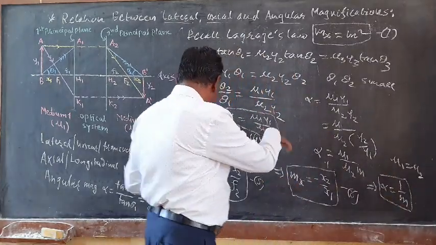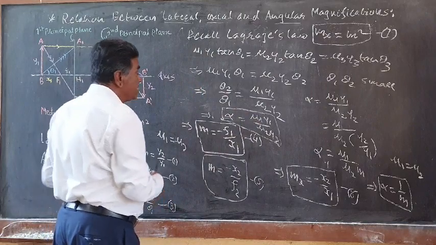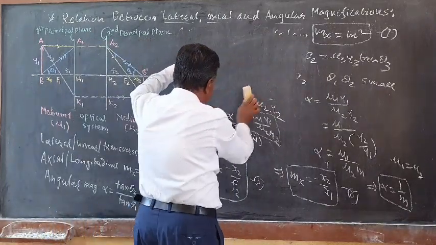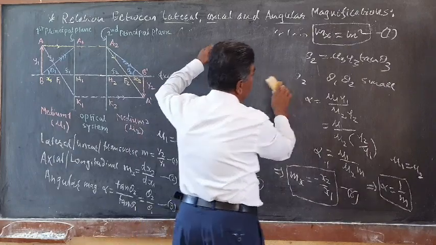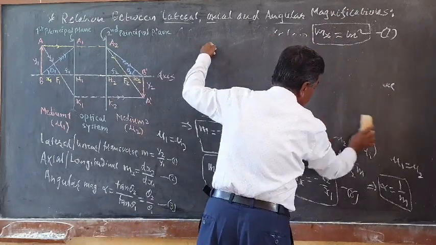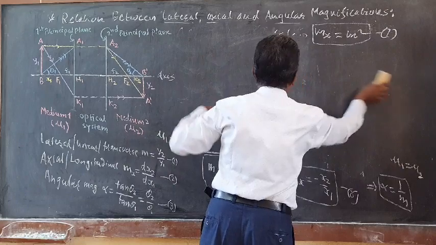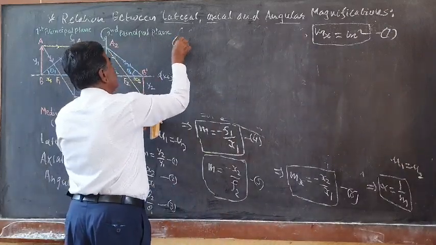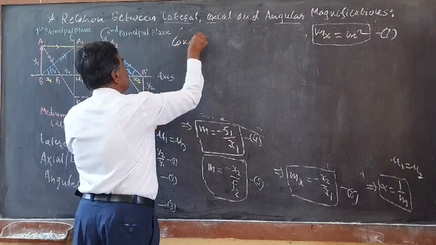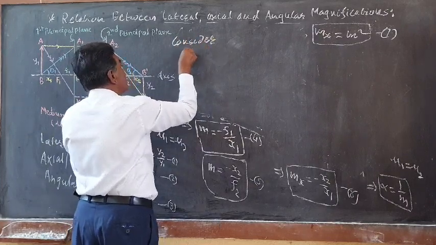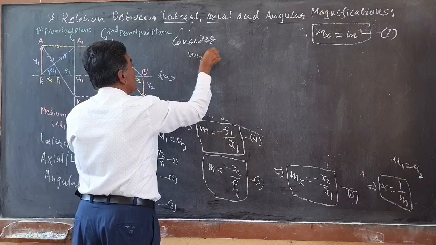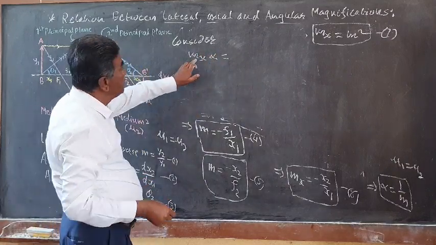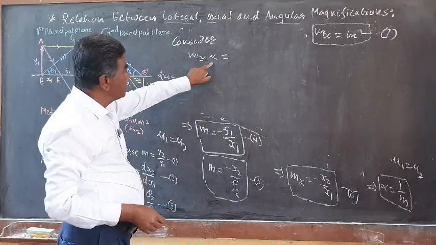Now we will find the relationship between all these magnifications, and for that we consider another equation. Consider mx into alpha, the product of the axial magnification and the angular magnification.